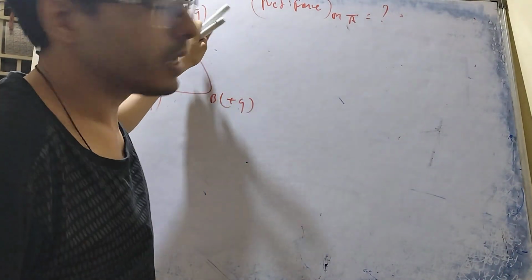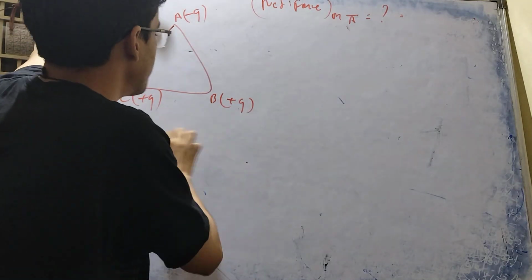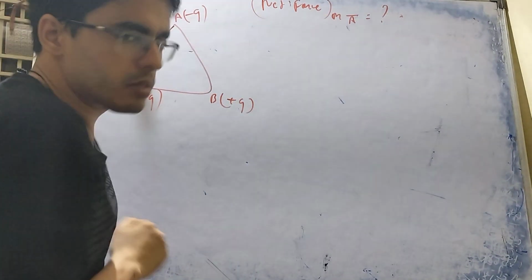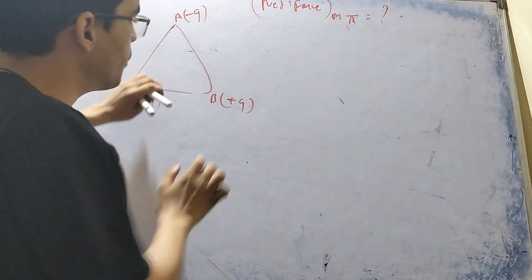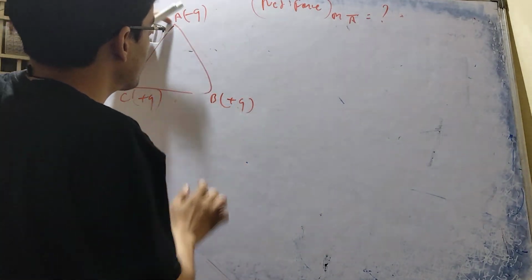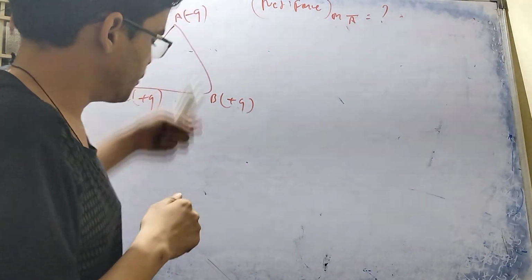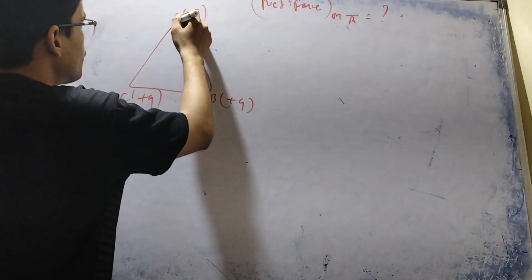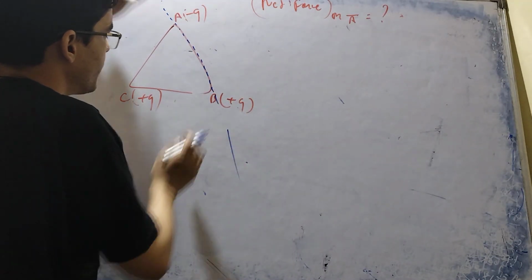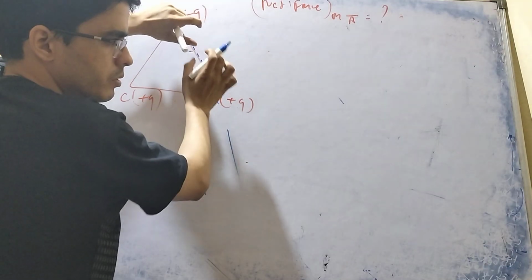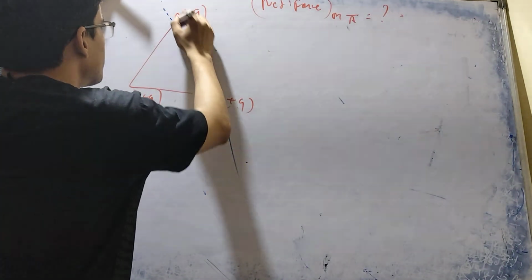Here check, due to this B and C, force will exist here. If these were not present here, no forces would be present, right? But due to B and C, I think force will exist, correct? Okay. So due to B, tell me, this is the line joining between charge A and charge B. Is it an attractive force or repulsive force? Repulsive force. So here tell me what is the force value?